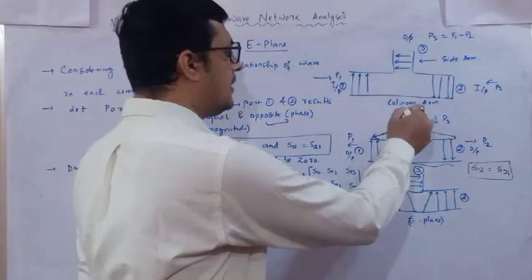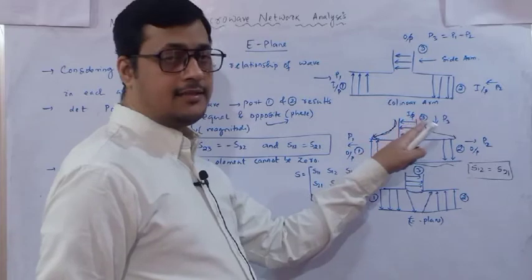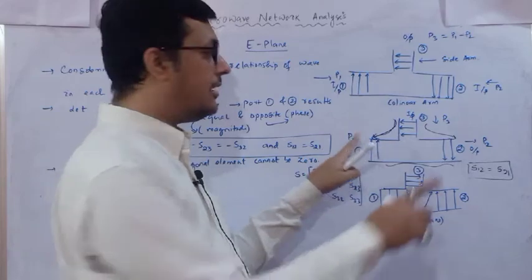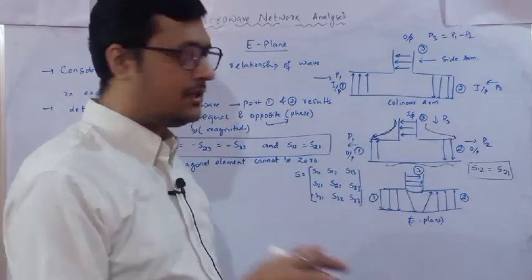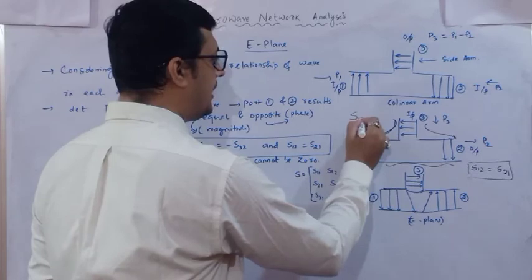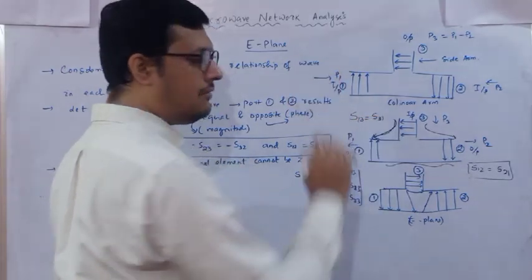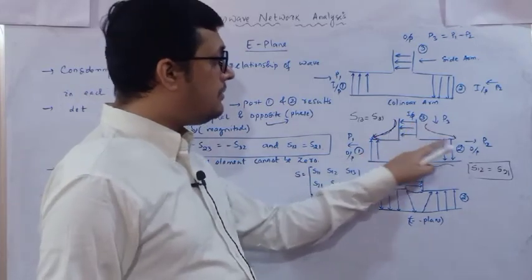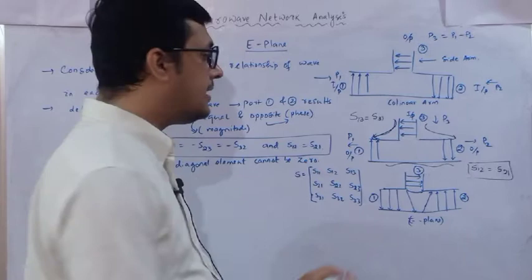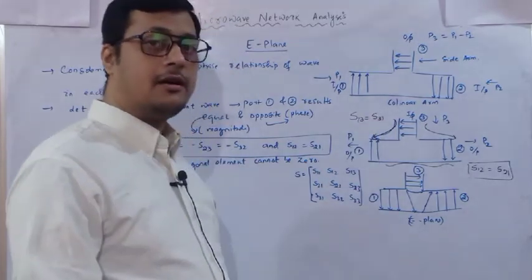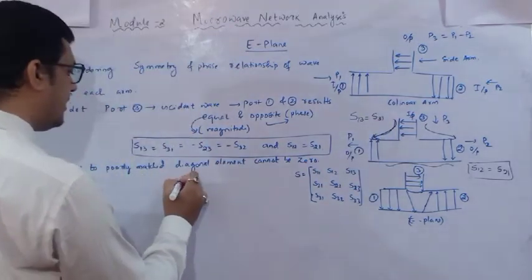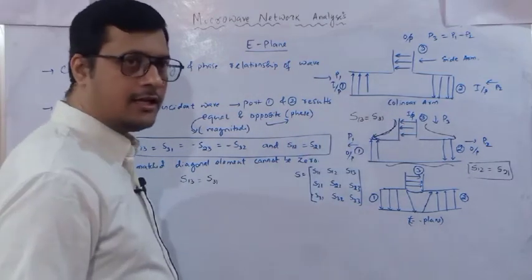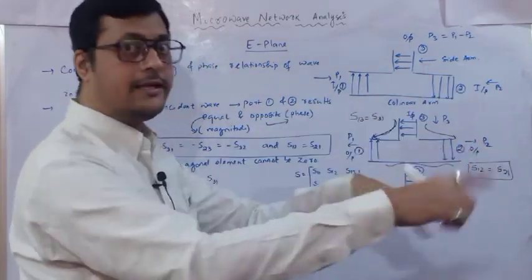Second, the relationship with respect to ports 3 and 1 is that the magnitude is the same but the phase differs with respect to 3. So S13 equals S31, which satisfies symmetry. But measured with respect to port 2, the magnitude is the same but opposite in phase. So S13 equals S31 for 3 with respect to 1, and the relation with respect to 2 has a 90-degree phase shift.